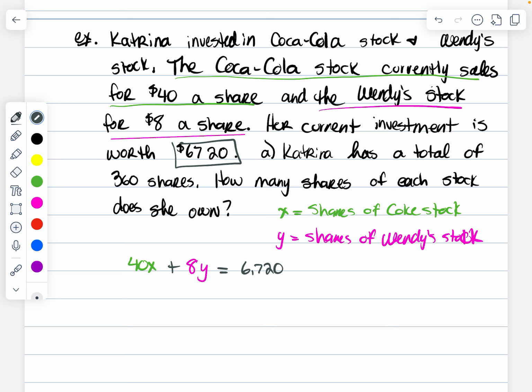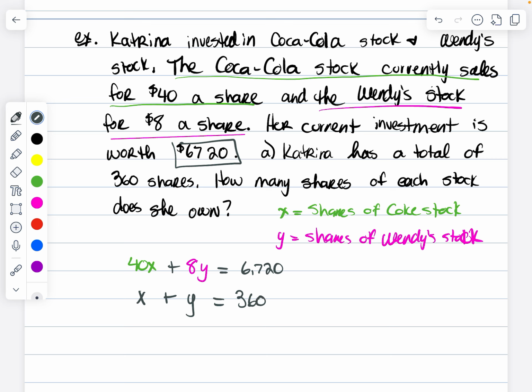Now, you might think we're done, but there's a little bit of information that's given right here where it says Katrina has a total of 360 shares. All right, so what makes up the number of shares that Katrina has? Coke and Wendy's. So our next equation is going to be the shares for Coke plus the shares for Wendy's gives the total that she has, which is 360 shares.